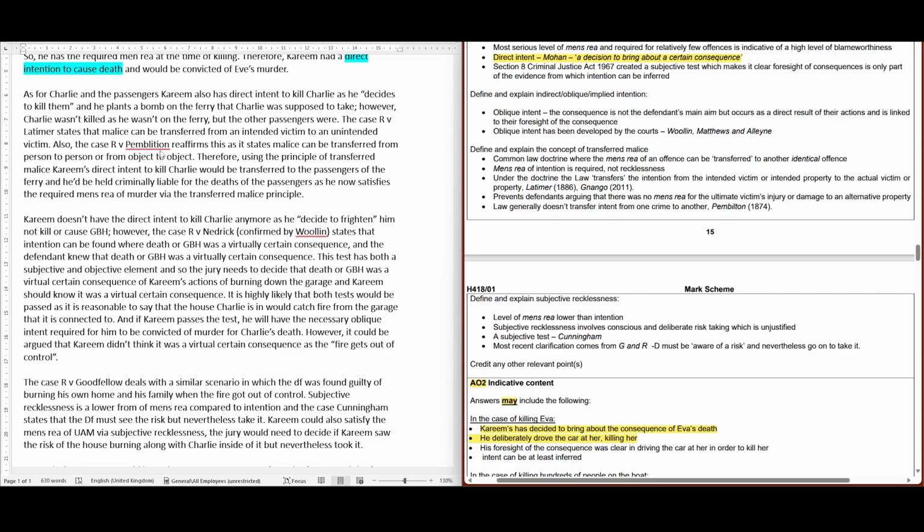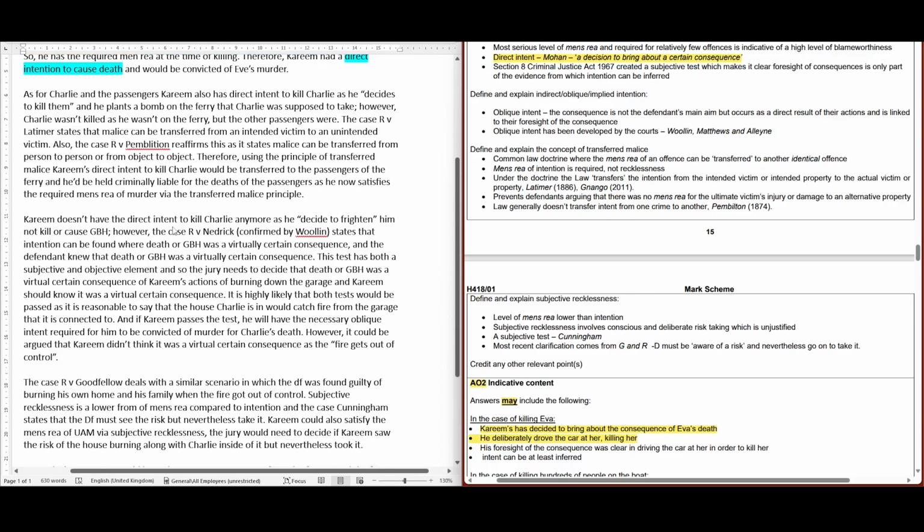Also, the case Pembleton reaffirms this, as it states, malice can be transferred from person to person or from object to object. Therefore, using the principle of transferred malice, Kareem's direct intent to kill Charlie would be transferred to the passengers of the ferry, and he'd be held criminally liable for the deaths of the passengers, as he now satisfies the required mens rea of murder via the transferred malice principle.